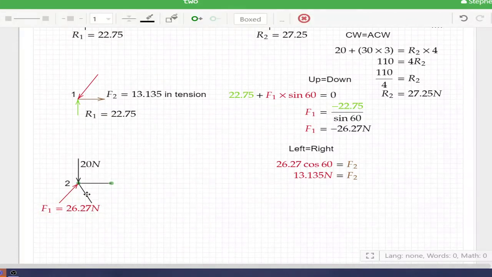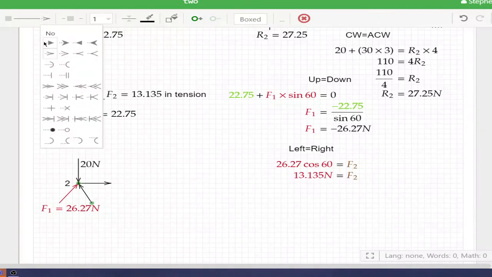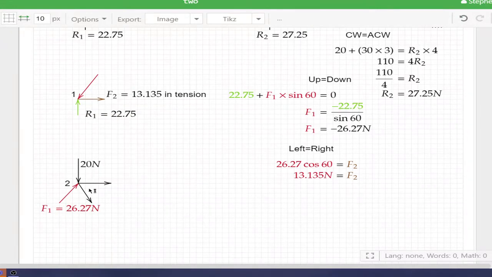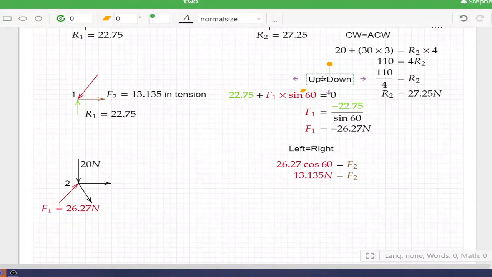Again, we've got two things we don't know, and so we assume that they are moving away from our joint, in tension. So again, we say up equals down.